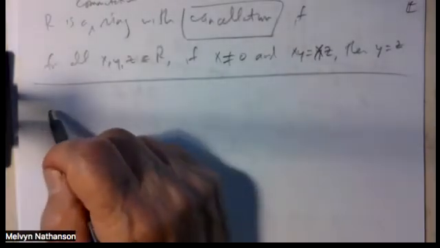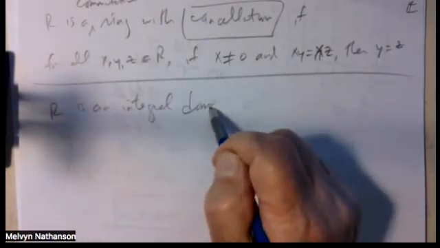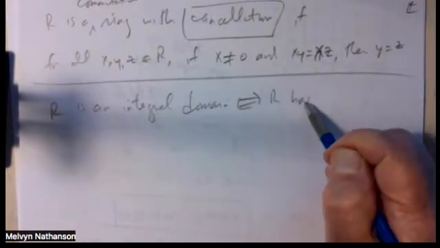And let's say R is a commutative ring, so I don't have to keep writing commutative. So a commutative ring is an integral domain if and only if that ring has cancellation.